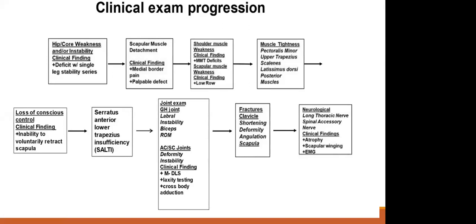If you look at the effect of scapular positioning, it can be impacted by so many factors, from hip core weakness. You can have scapular muscle detachment, weakness of the stabilizers, tightness of the neck muscles, or loss of conscious control.